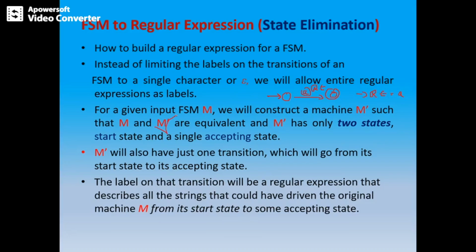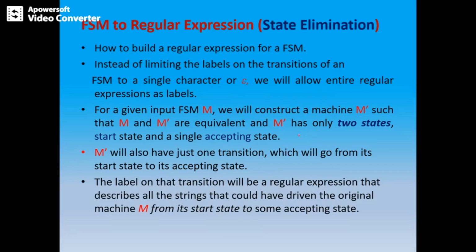Similarly, for a given input FSM M, we will construct machine M dash such that M and M dash are equivalent, and M dash has only two states, a start state and a single accepting state. Suppose you are given a bigger FSM.